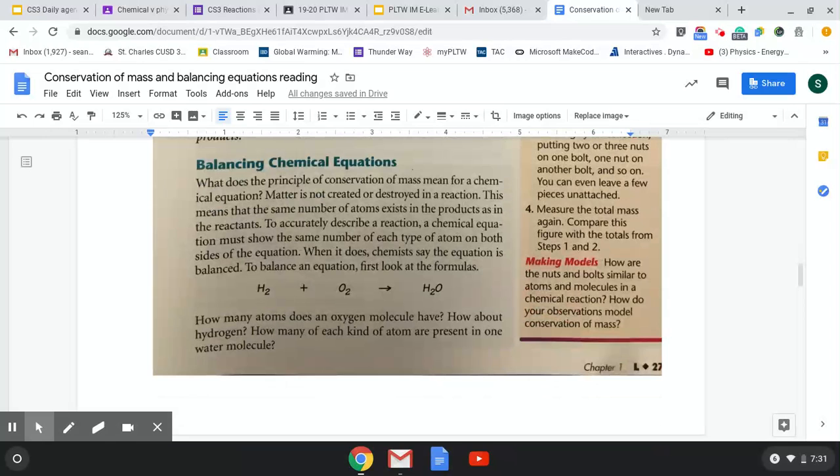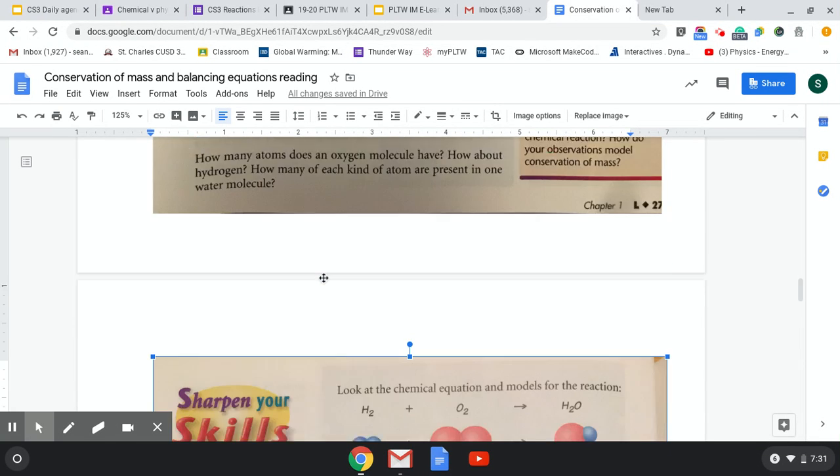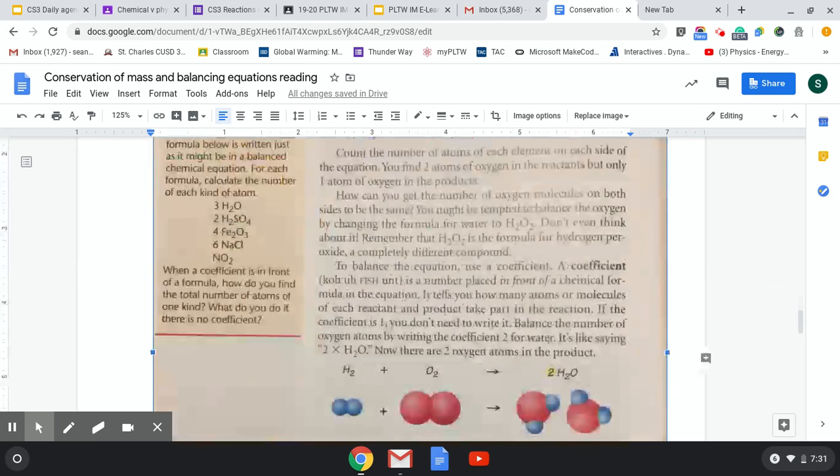All right, when it comes to balancing equations, I would have that we need to only add coefficients. So I would put in there, to balance chemical equations, we can only change the coefficient.